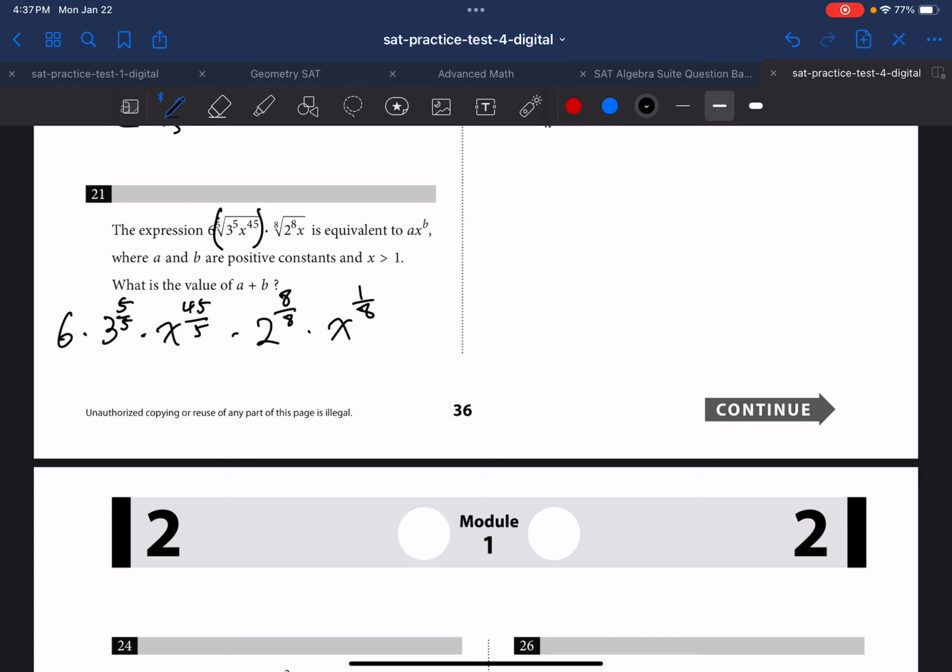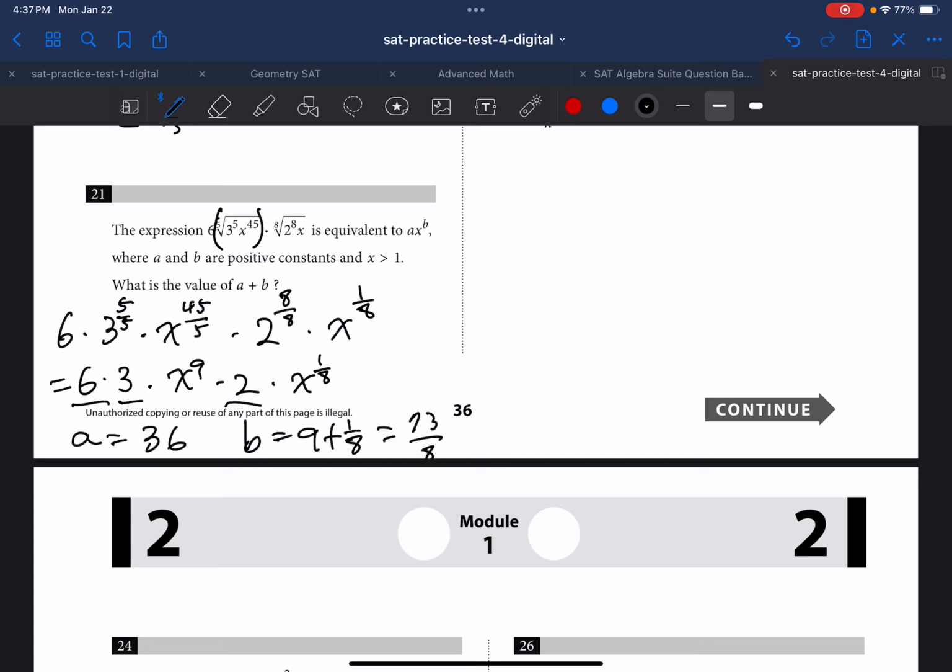So if we simplify this, this is the same thing as 6 times 3 times x to the power of 9 times 2 times x to the power of 1 over 8. So a is equal to the numbers here, 36, and b is equal to 9 plus 1 over 8, since in an exponential function you add the exponents when they're multiplied. So this is equal to 73 over 8.